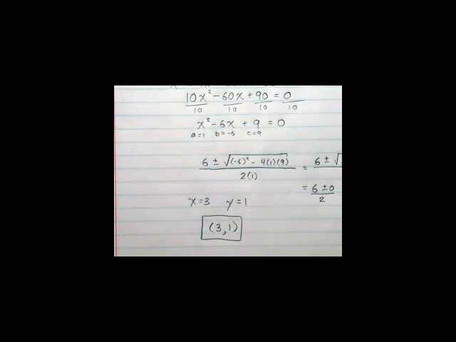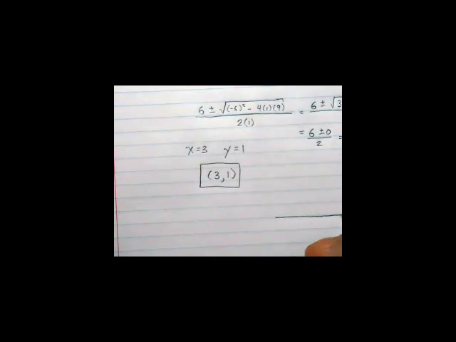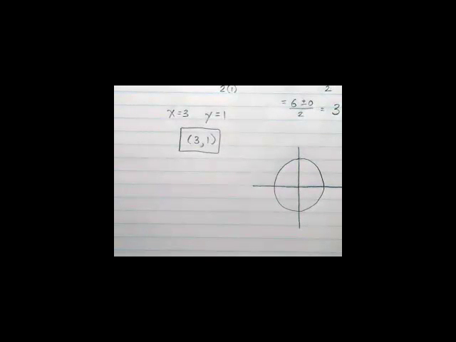Remember, it's a circle. So I'll show you what this looks like. If I graph the circle and this line, here's how it would look. We've got this circle that has a radius of the square root of 10, centered at the origin, and then we've got this line, negative 3x plus 10, that's coming like this.